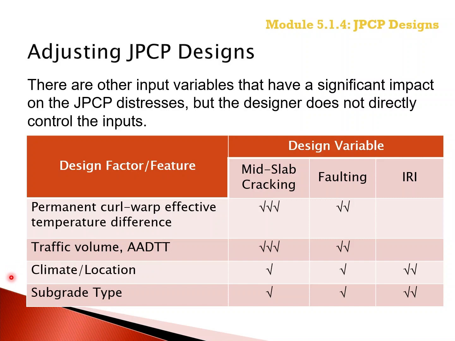Subgrade type also has a minor impact on mid-slab cracking and faulting, but a larger impact on IRI because of the site factor variables related to soil type. The combined impact of climate and subgrade soil can have a very significant impact on IRI versus them individually.